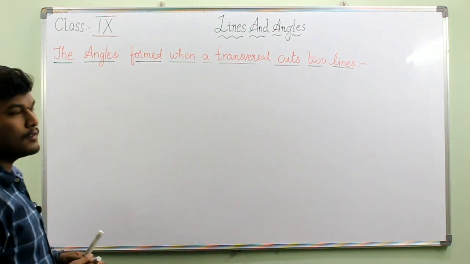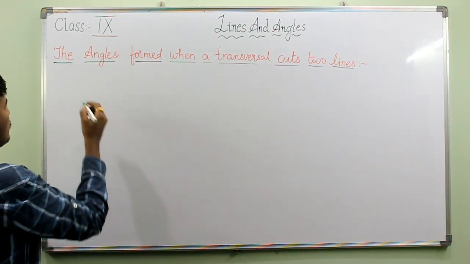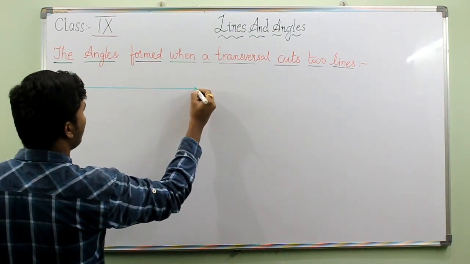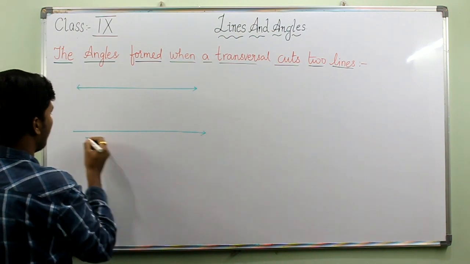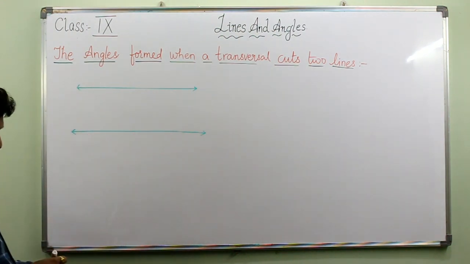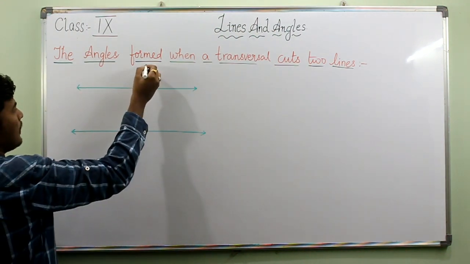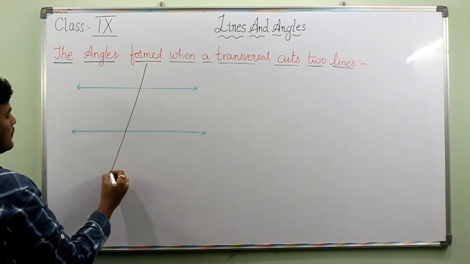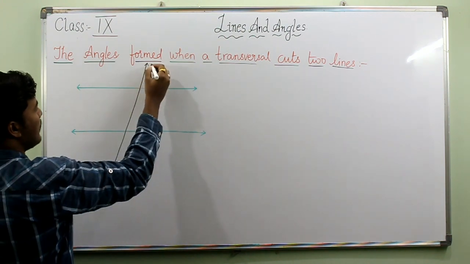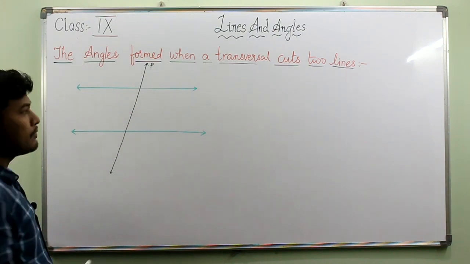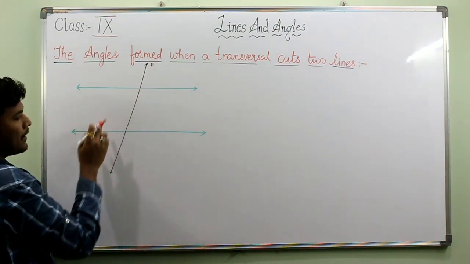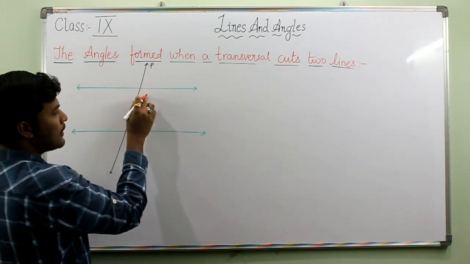So first let us consider two parallel lines. This is one parallel line and this is another parallel line. These two parallel lines have a transversal. Let us name this transversal P. When this transversal passes through these parallel lines, it will form certain angles.